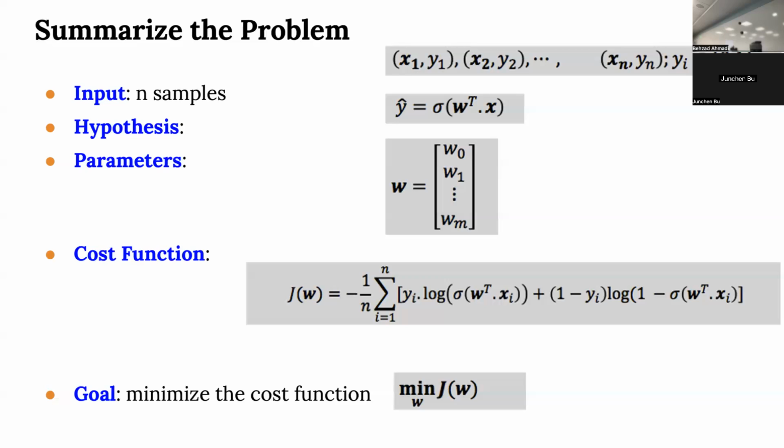This is called the log loss function. So you see, when it gets to the cost function, it becomes very different from linear regression. It tries to minimize the probability of wrong prediction or maximize the probability of correct prediction.